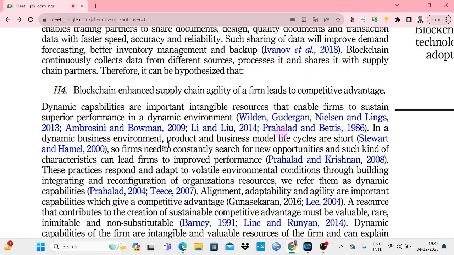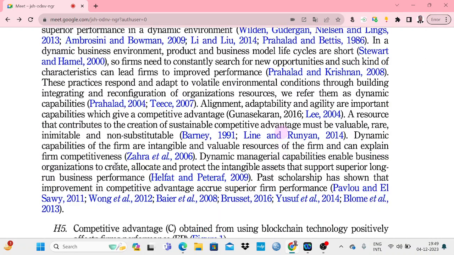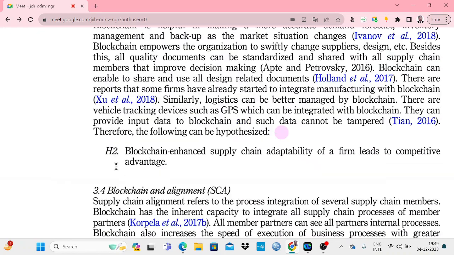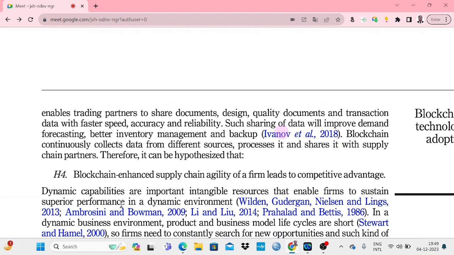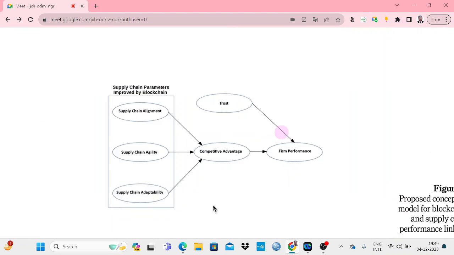So literature is already present, and in theory they have mentioned all these things. We have discussed how these variables relate, and we have formed a theory, and we want to test this theory using field data. When you are testing a theory from field data, then CBSEM is the most important tool.